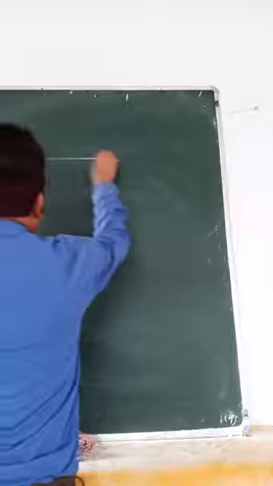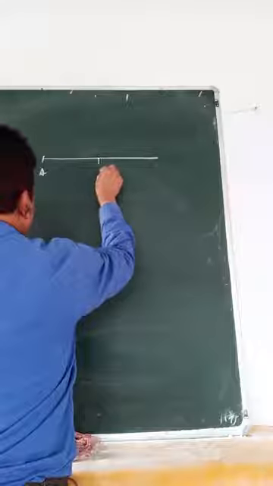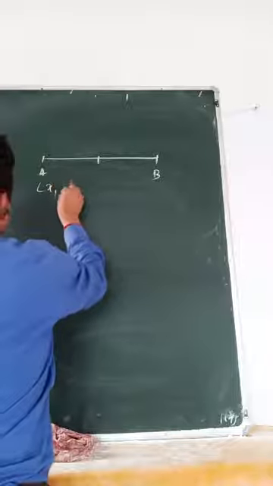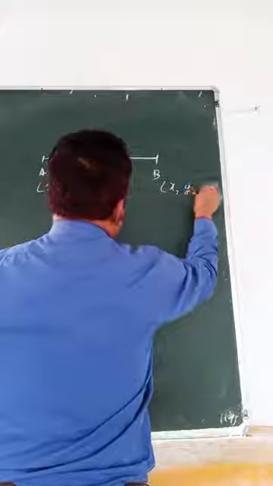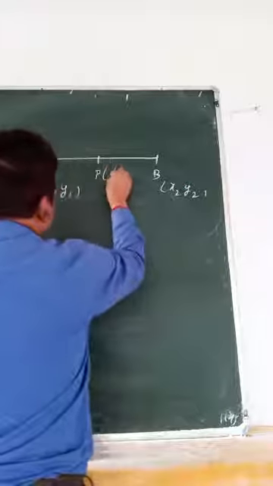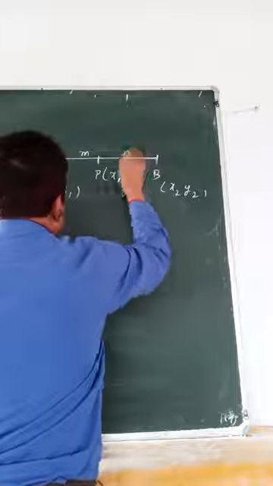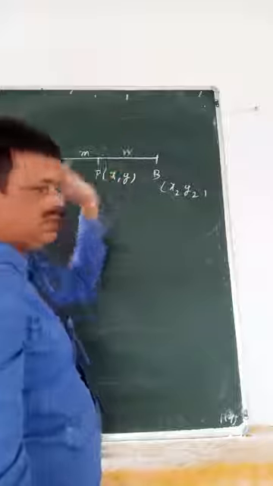Suppose there is a line AB whose coordinates are x1, y1 and x2, y2. P is a point whose coordinate is x, y. Suppose this divides in the ratio m is to n. That means A to P the value is m, P to B the value is n.